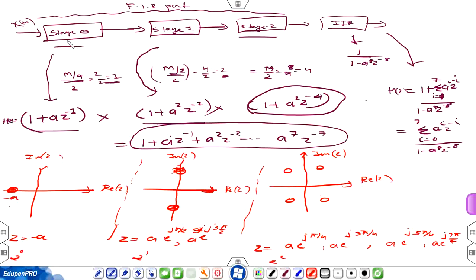That's why I numbered the stages 0, 1, 2: stage 0 has 2 raised to power 0, stage 1 has 2 raised to power 1, and stage 2 has 2 raised to power 2, that is 4. So this is the pole and zero plot.